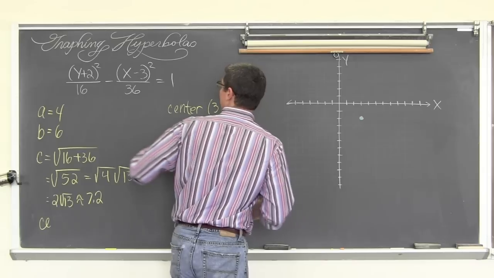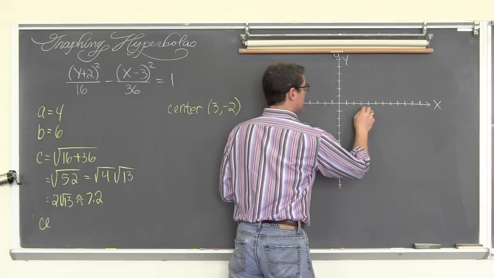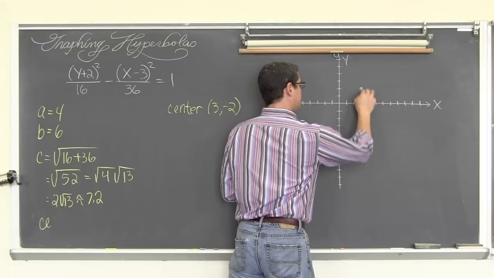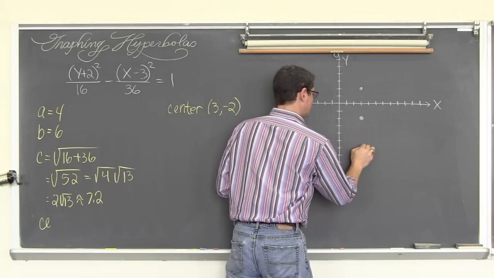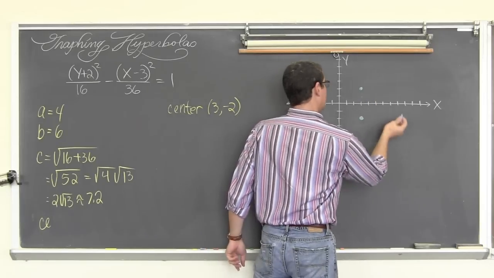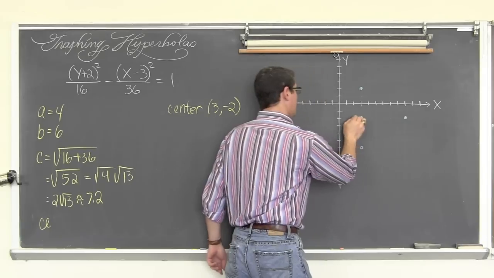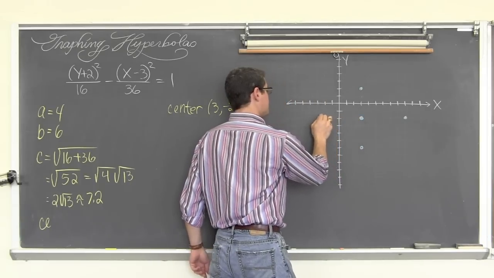From there, again, we go up and down 4. And we go left and right 6 units, so 1, 2, 3, 4, 5, 6, and 1, 2, 3, 4, 5, 6.